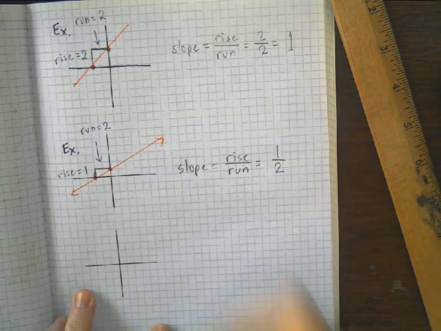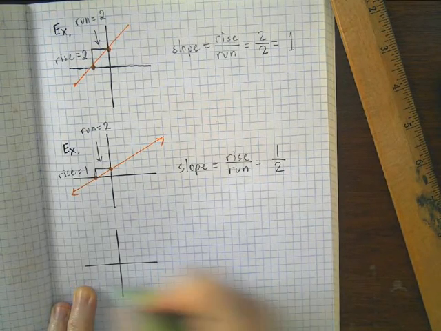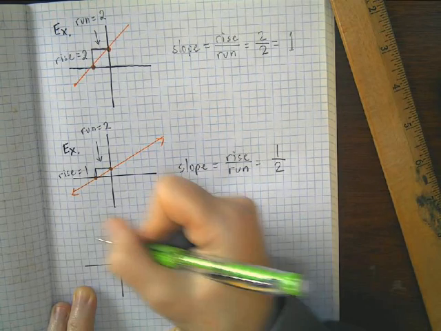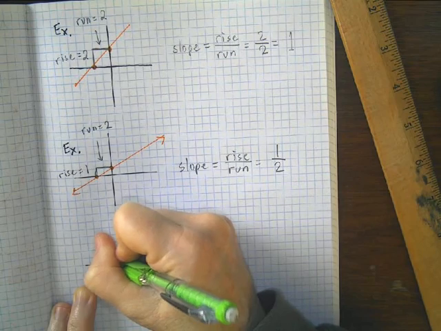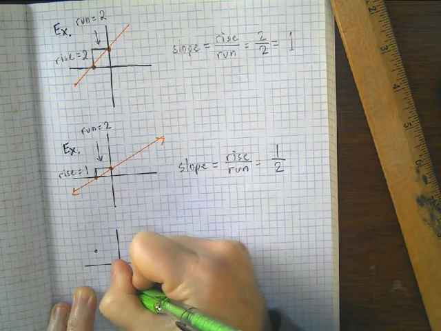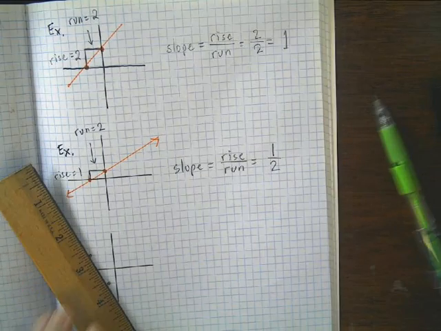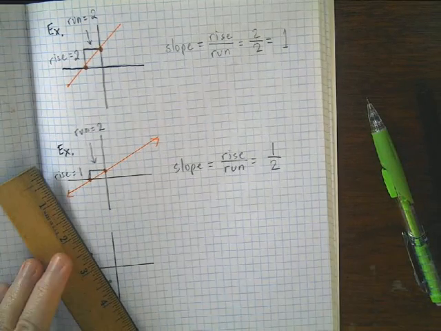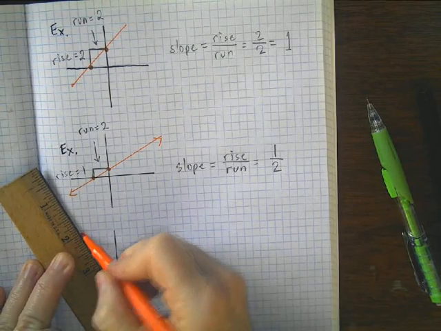The points don't have to be on this line. They can be anywhere. So let's say I have a point here, and I have a point here. What if I have that? Okay, they don't have to be on the axes. They could be anywhere.